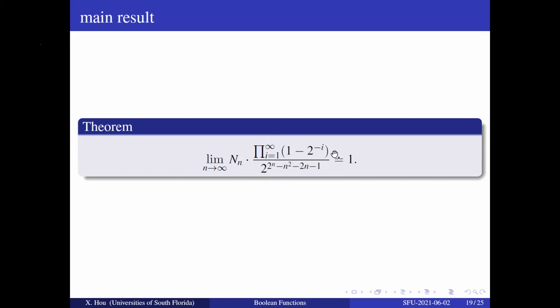This top is a constant. It is a convergent infinite product, so it's not important. It's a non-zero constant. And what's important is the denominator. So basically, capital N sub n is asymptotic to this quantity. So that answers the question by McWilliams and Sloane.